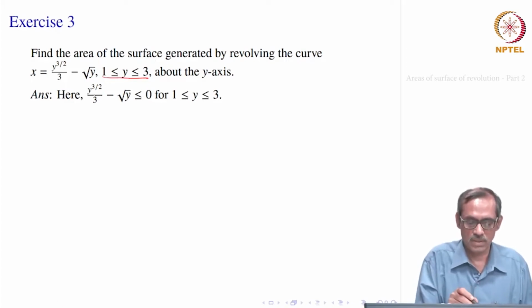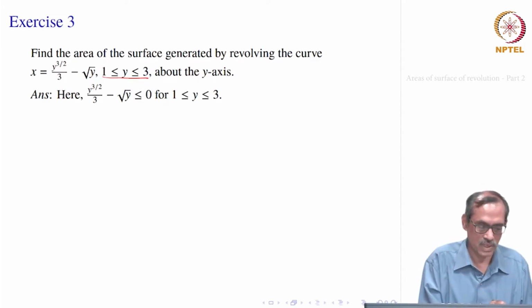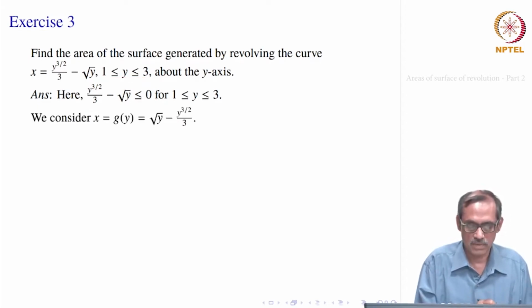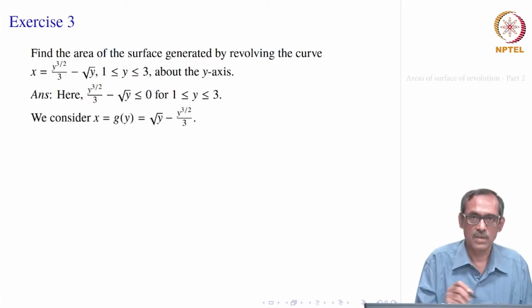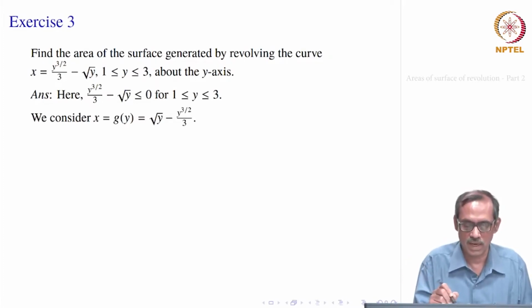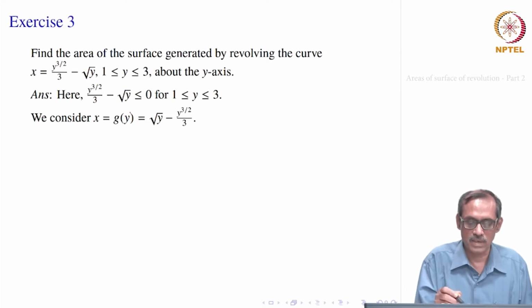At 1 of course, you can see it is 1 by 3 minus 1, at 3 also similarly. Throughout, y to the power 3/2 by 3 minus root y is less than or equal to 0. So, that means we should consider its negative, fine, to get the correct area. Area will be anyway the modulus of that integral. So, we are assuming greater than or equal to 0.